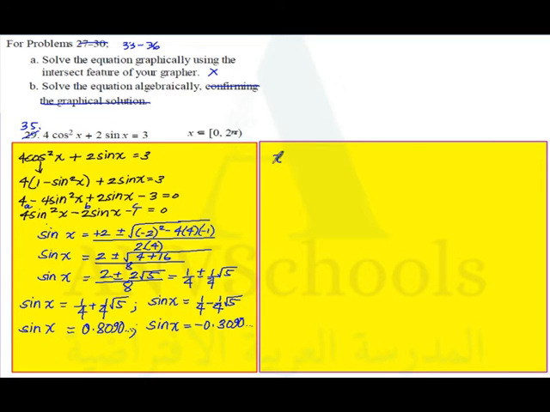So x1 would be equal to, now let's retain the original form, which is the exact value for sine x.